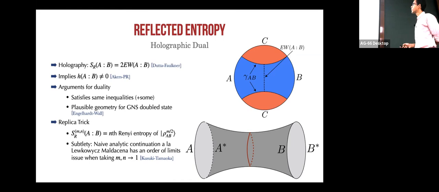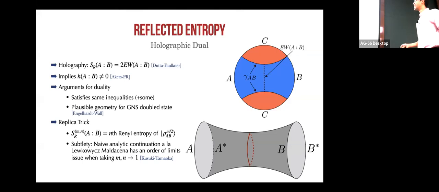And then they just thought of computing the Renyi entropy as computing the RT formula on this particular geometry that you have. The RT formula naturally lands you on the entanglement wedge cross section. But the important thing was how to prepare this state. And that was by analytic continuation, in the same way as Lewkowycz and Maldacena.